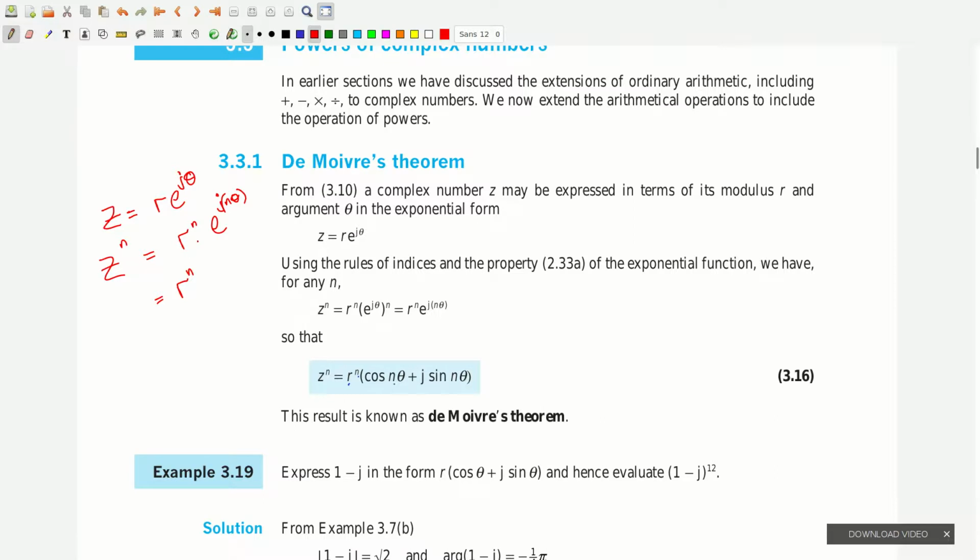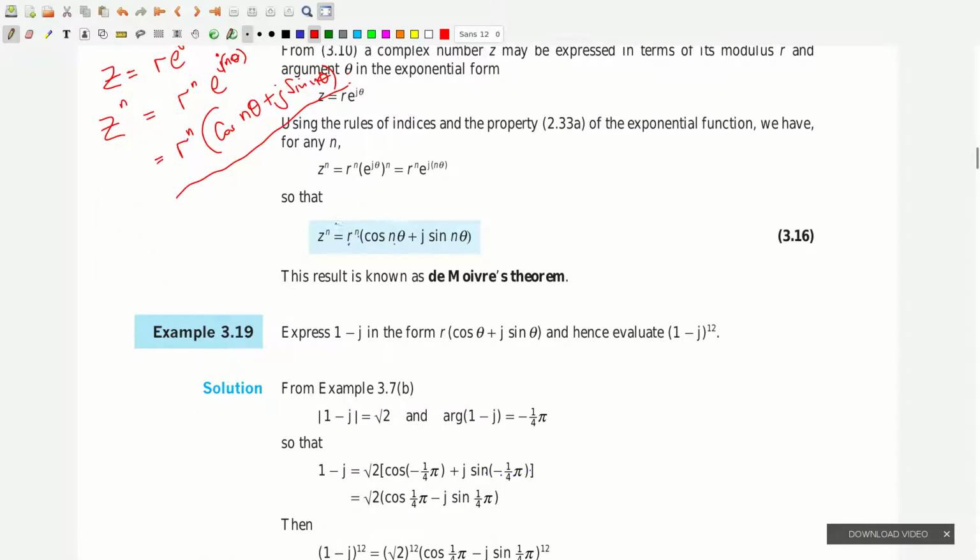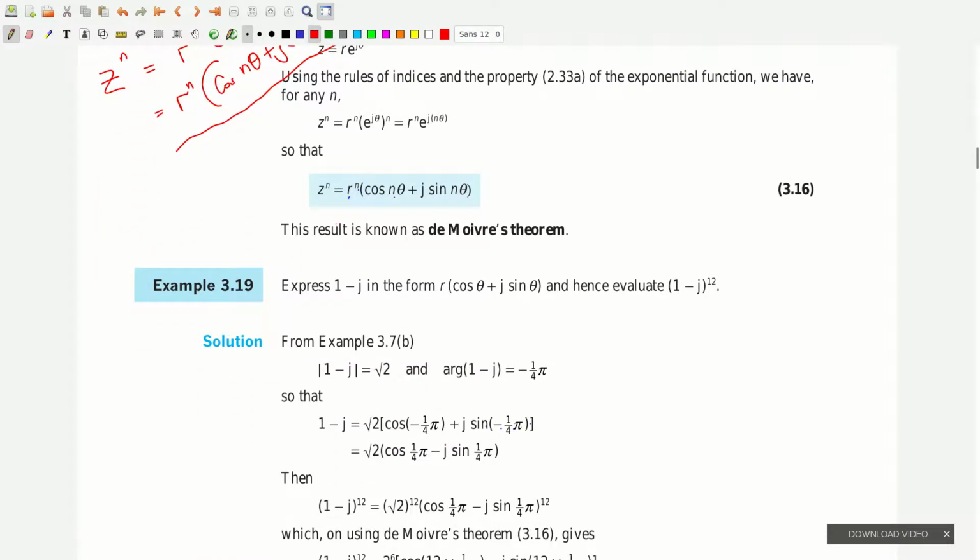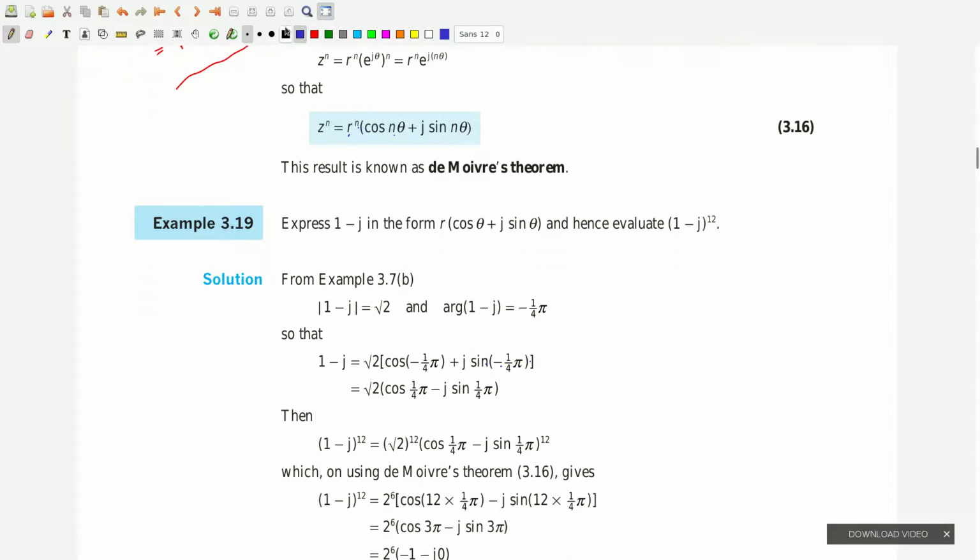This is going to be r to the n, cos of n theta, plus j sine n theta, and this result is our well-known De Moivre's theorem. So we can make use of it here in trying to evaluate the nth power of a complex number.